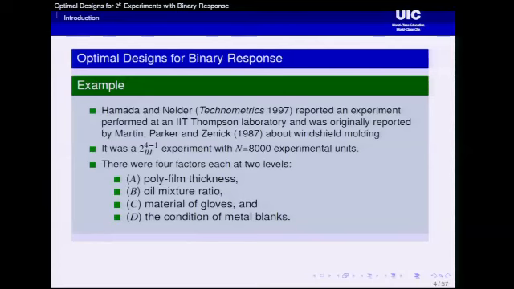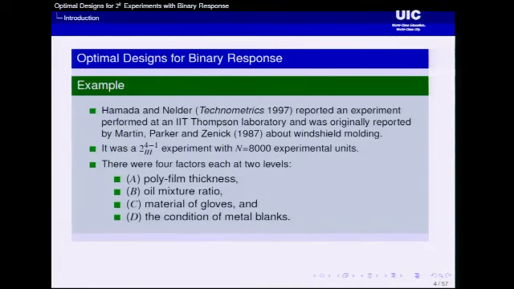So this is a paper from 1997, Technometrics. And it was an experiment performed at the IIT Thompson laboratory that was originally reported by Martin Parker and Zenek. It's about a windshield molding experiment.